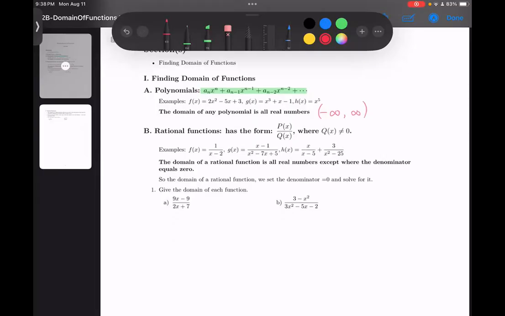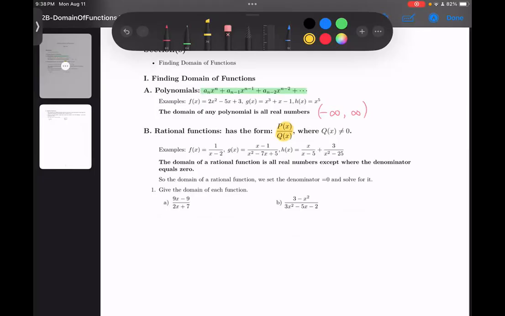Okay. Now, rational functions look like a fraction. It has the form p of x over q of x, where q of x cannot be 0, right? You don't want 0 in the denominator. The only way they misbehave is when the denominator equals 0. So the domain is all real numbers except the values that make the denominator 0.